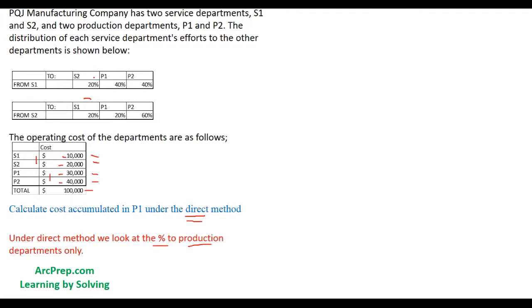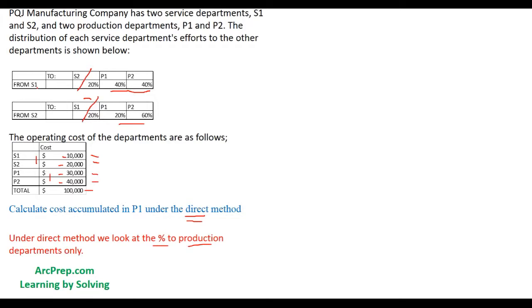So what we are considering is the 40% and 40% from S1 and S2 20% to 60%. In other words, what we are doing in direct method is we are disregarding the fact that service departments serve each other. Okay, so the idea behind the direct method is that assume that service departments don't serve each other and then just focus on production departments.